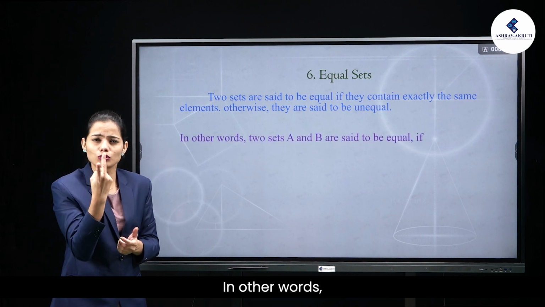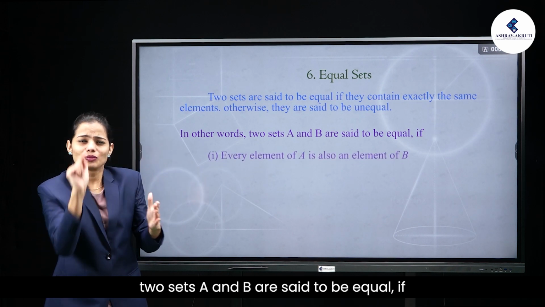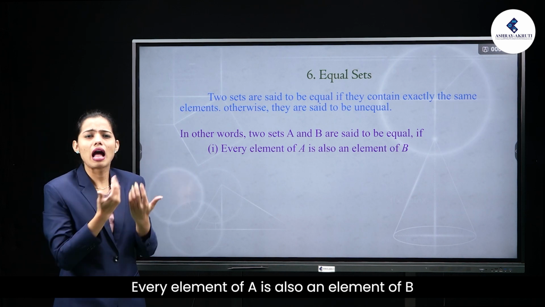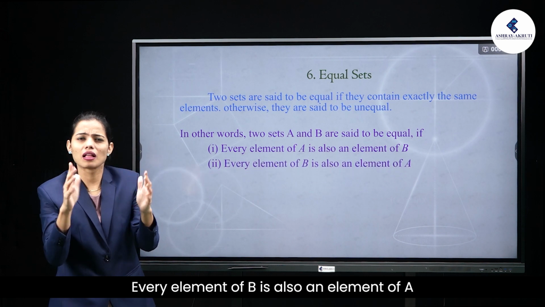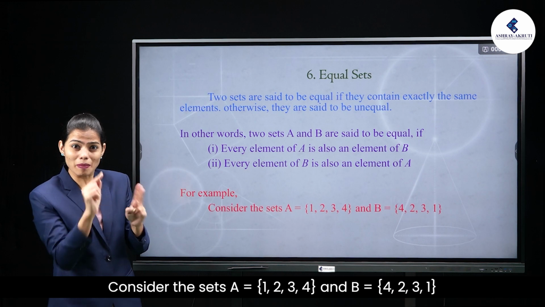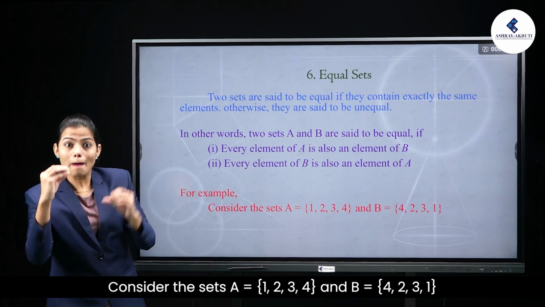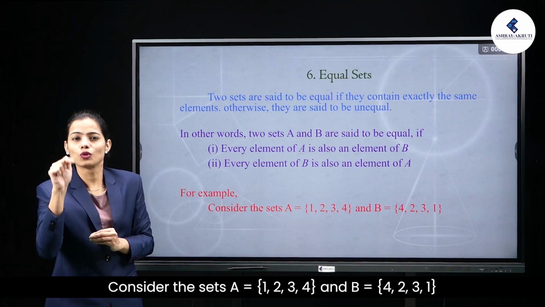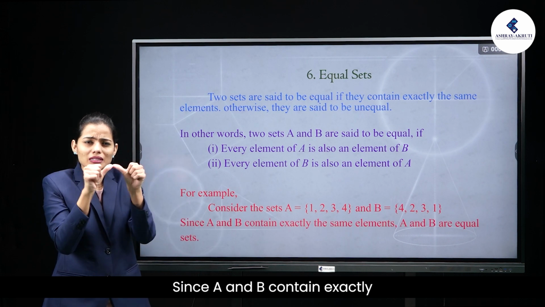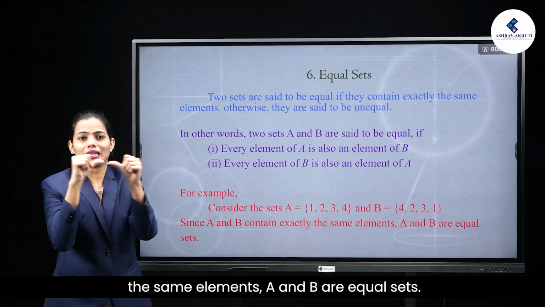In other words, two sets A and B are said to be equal if every element of A is also an element of B, and every element of B is also an element of A. For example, consider the sets A = {1, 2, 3, 4} and B = {4, 2, 3, 1}. Since A and B contain exactly the same elements, A and B are equal sets.